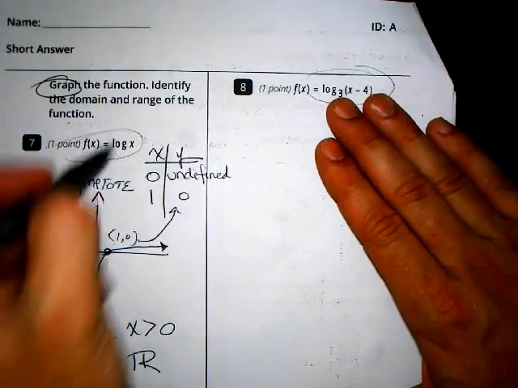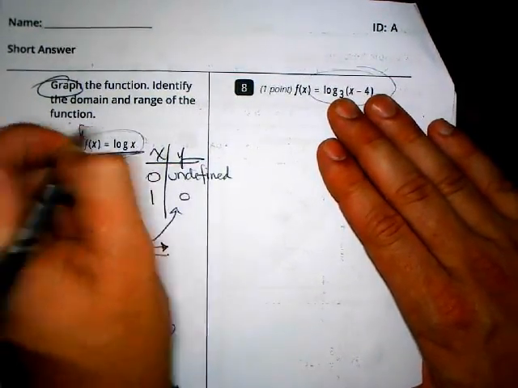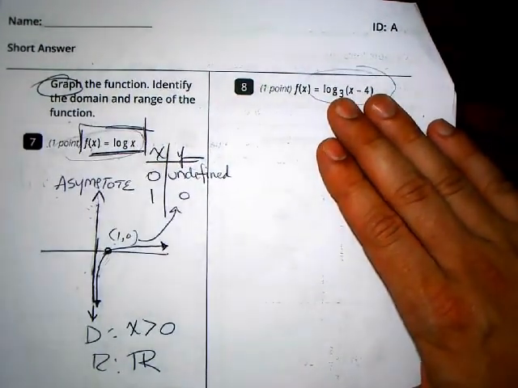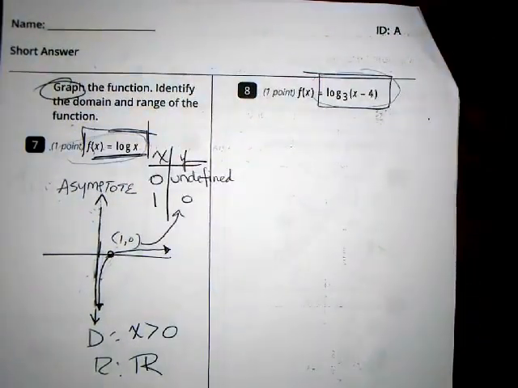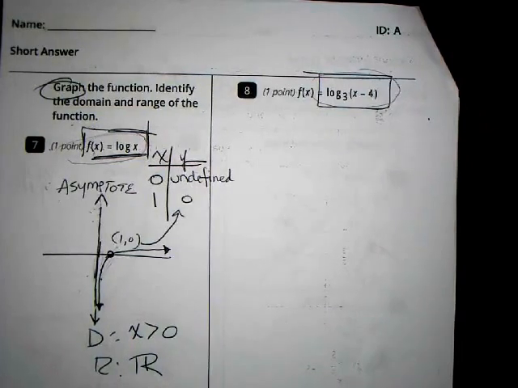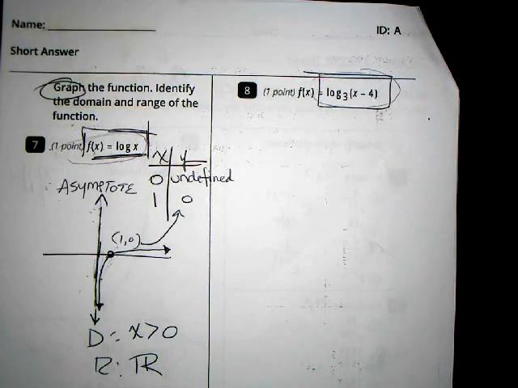When you look at the difference between your parent function, our new parent function for this chapter, and then this function right here, what's the big change? All right. So we see a 3 is different. Good. Very good. So now we change bases from 10 to 3.